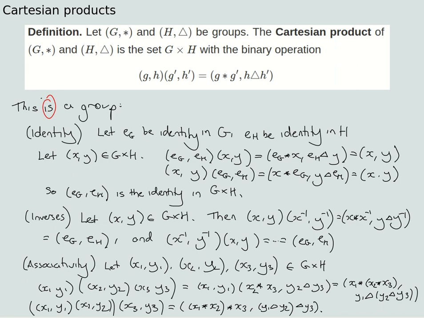But those things are equal because triangle is associative because H was a group. So these are equal, as G star and H triangle are groups.